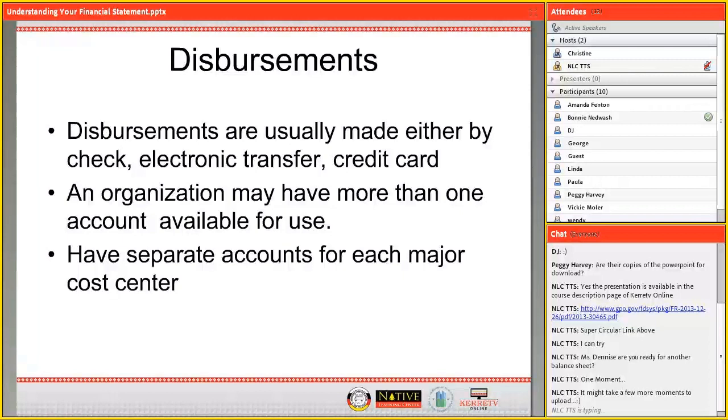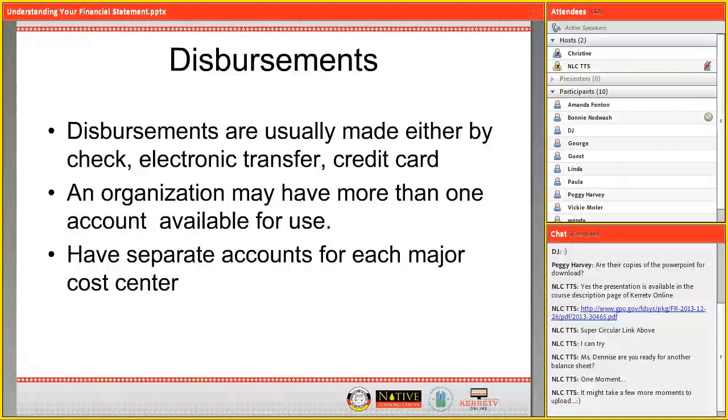Okay, the main things that I would want you to know, and if you take nothing else out of this class, understand what an asset is, what a liability is, what an expenditure is, what your revenue stream is. Ask questions of your organization.